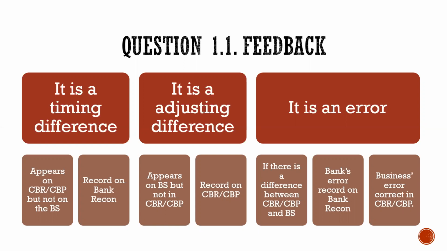Now with a stale check, however, because the check has now expired, it would have been on the bank recon every month up to that date. Because it went stale, that amount will then be reversed on your cash book payments.